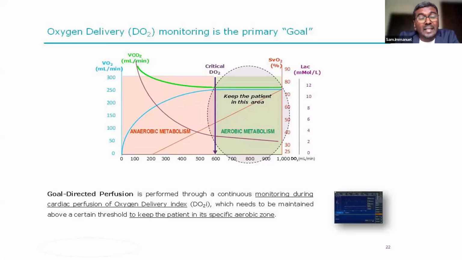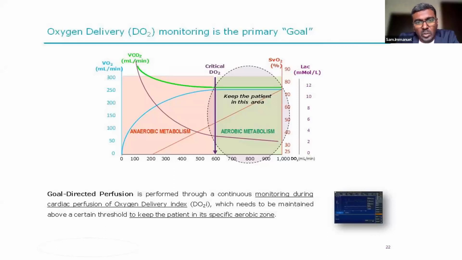If we talk about DO2I, it is the delivery of oxygen index. Then we calculate the oxygen delivery by your body surface area, and that is DO2I, whereas this graph shows the DO2. So keep a higher DO2, which is more than 600, and focus on keeping your patient on the aerobic side.